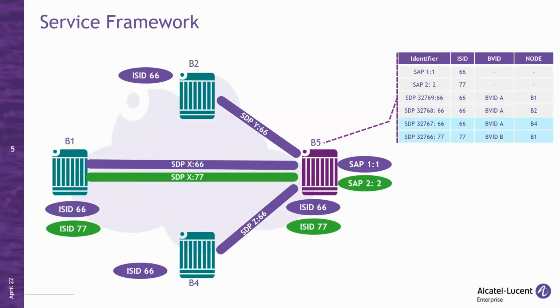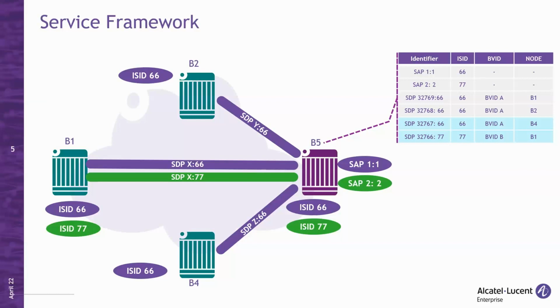So any green traffic destined to the location attached to B1 will be forwarded using this SDP. If we look at the purple service instead, then B5 has 3 SDPs and traffic will be forwarded through the SDP corresponding to the location associated to that traffic's MAC address.